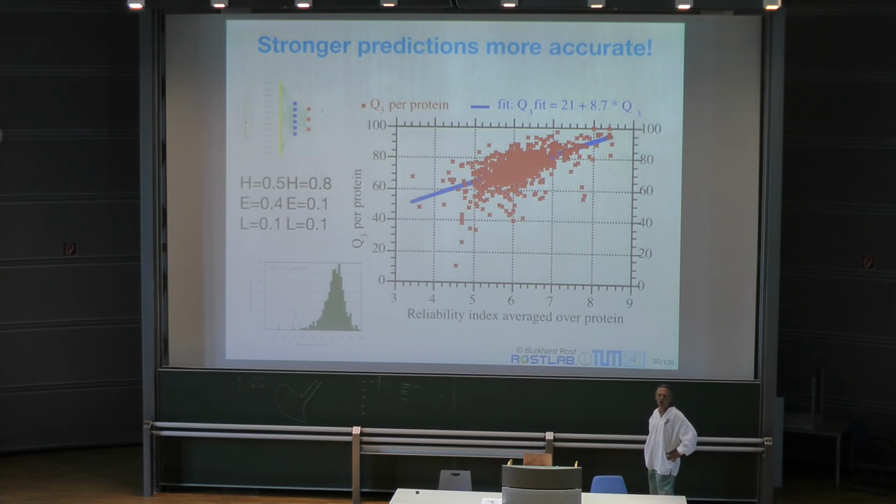It's the strength of the prediction for an entire protein. So proteins with very strong predictions are here on that side. Proteins with very low probabilities are on this side here. And this is the performance per protein. The blue is just a fit. The blue doesn't quite fit the data there, but you see that there is some increase. So if more of your residues are predicted with a high probability, that ultimately gets back to the same question, why is the spread so large?